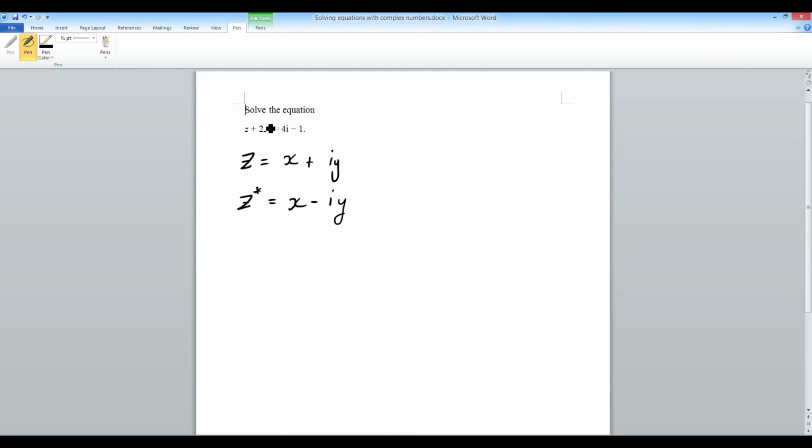If I look at the equation given, they tell us the following. So it is x plus iy plus 2 multiplied with the conjugate, which is x minus iy. And this thing is equal to 4i minus 1. So what I want to do is I first want to rearrange the left hand side so that I have something that looks similar in the order of the right hand side.